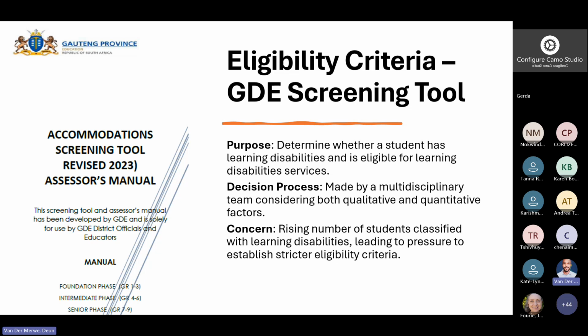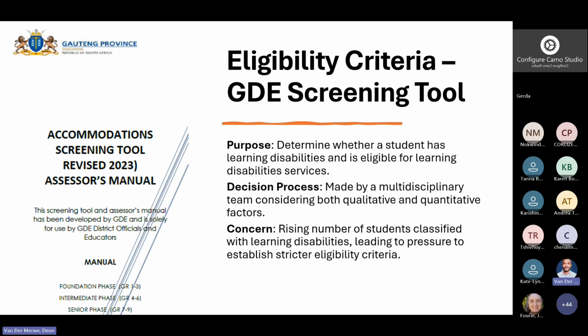Now, this decision is made by a team of professionals who look at both qualitative as well as quantitative factors. And there's a growing concern among districts, as well as local schools, underneath the umbrella of the Department of Education, about the increasing number of learners being identified with learning disabilities.